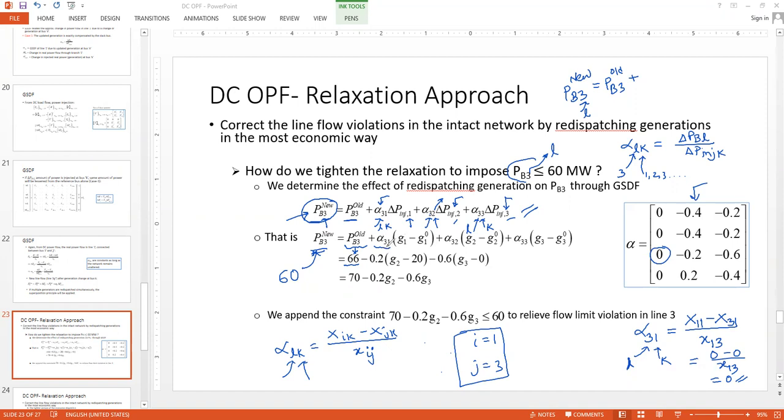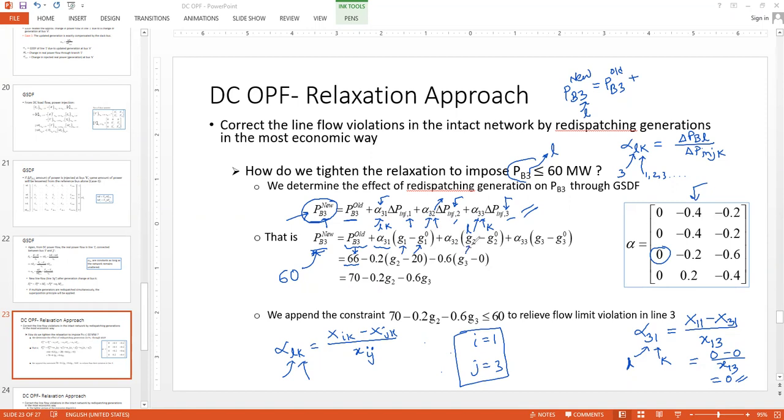This is the generalized expression. I'm writing alpha 31, it will come in the next line, of course. Del P injection means the change in injection at bus number 1. This is the new value of generation, this is the old value of generation. So new value minus old value is the del P injection at bus 1.